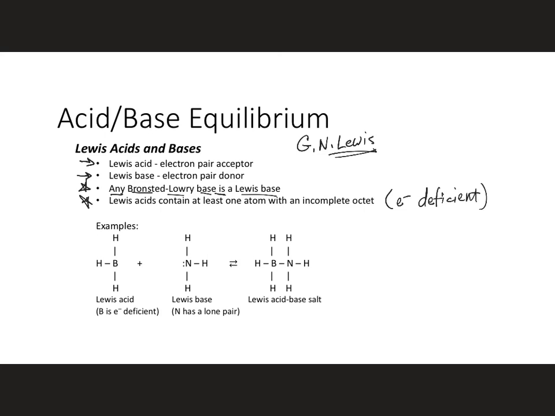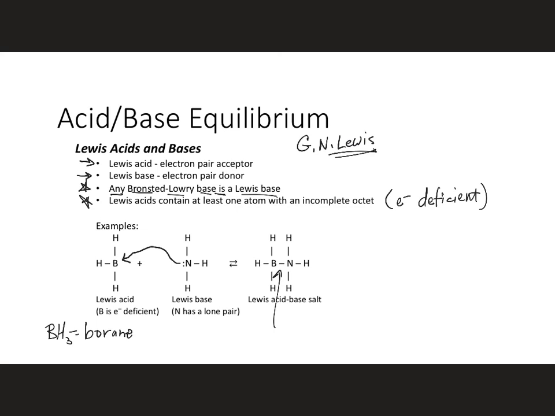Here's an example. Here is borane. You may or may not recall BH3, but that's borane. Notice the boron is electron deficient. It only has 6 electrons around it. Here is a Lewis base, ammonia. And what happens here is this pair of electrons goes from being a lone pair on nitrogen to making this bond.